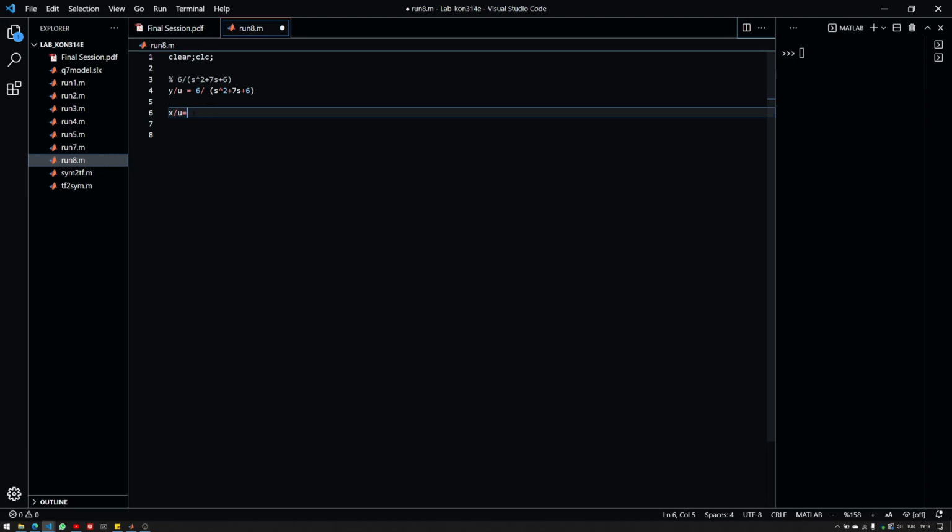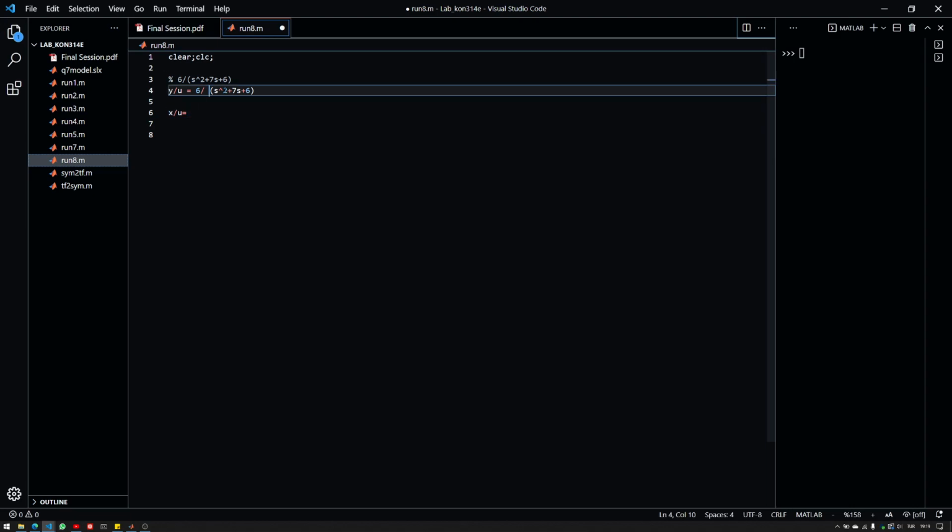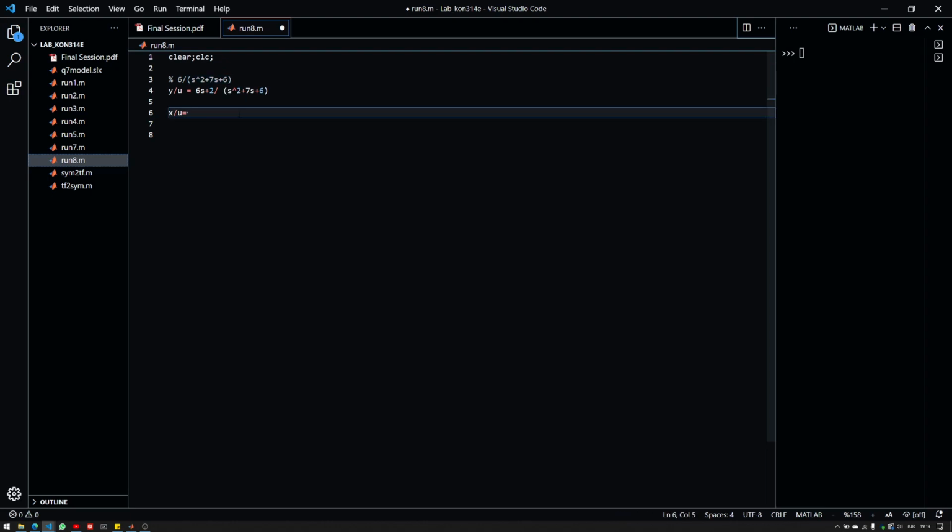And for the sake of simplicity, I'll always use only the denominator of the transfer function and not the numerator. If this is 6s plus something else, for example 2, I will omit this part. I will just take this denominator and I will use 1 as the numerator.